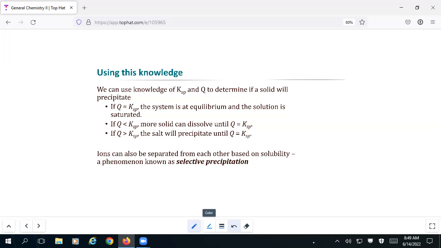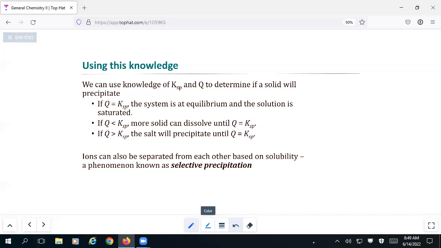So again, just to recap that relationship between Q and K. If Q and K are equal, we're at equilibrium, and so we're going to see a natural saturated solution, a natural transition and interplay between the solid and the solution. If Q is less than K, we are at an unsaturated phase.